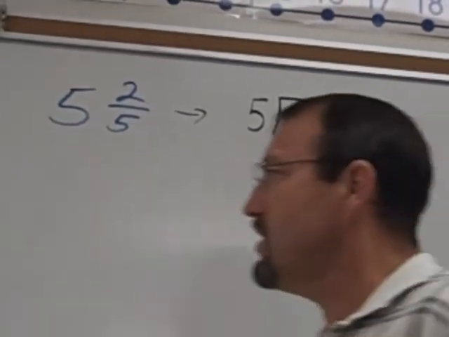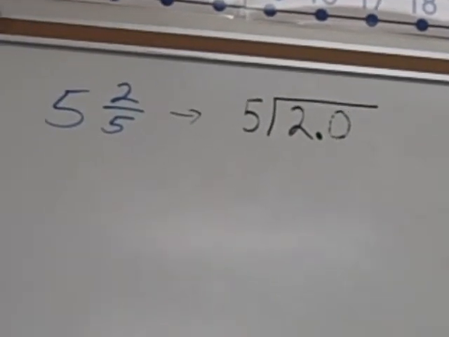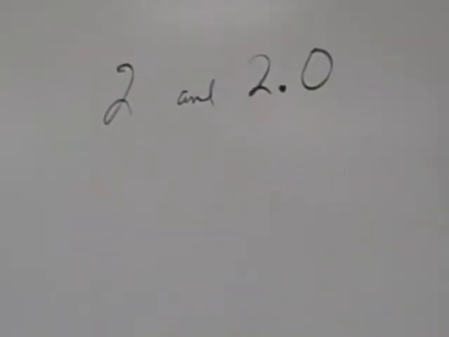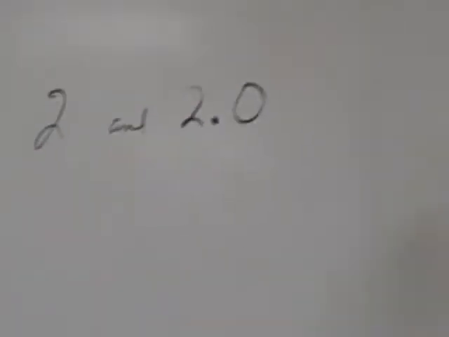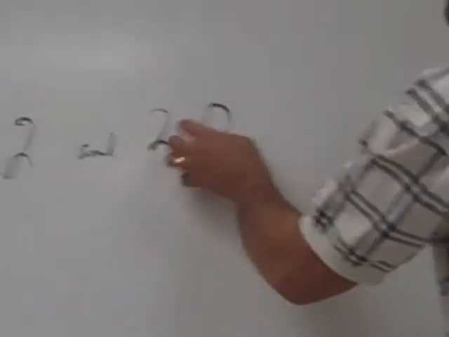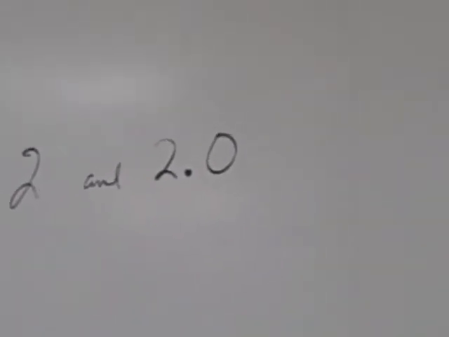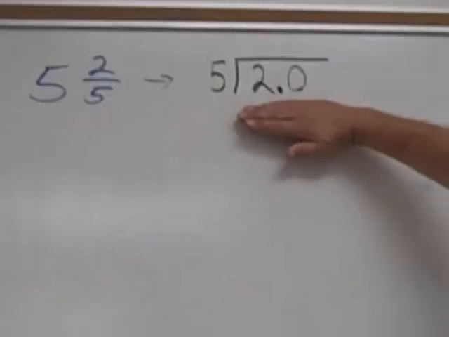So what I'm asking you is, don't write this, just look at it, are 2 and 2.0 the same thing? Yes, they are. We just had a Casper decimal and a Casper 0 show up to help us in our division. That and that are the same thing.